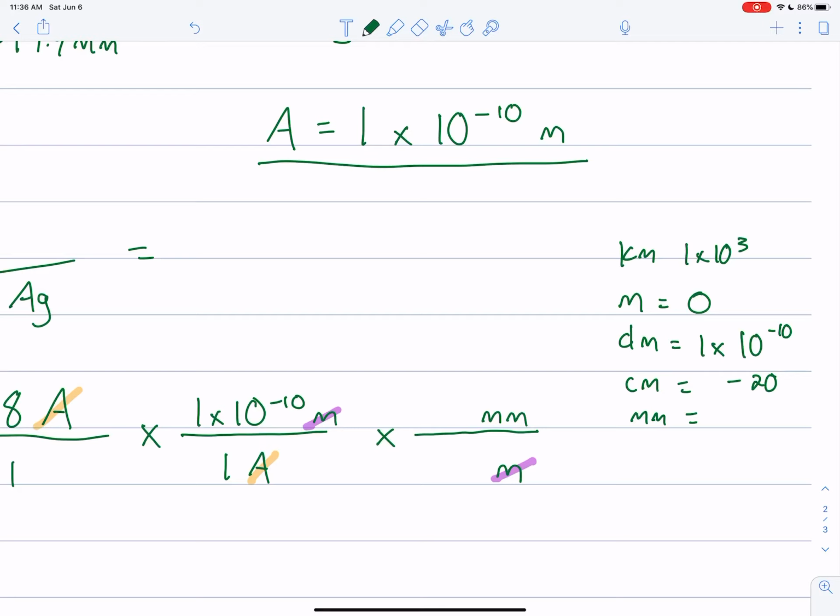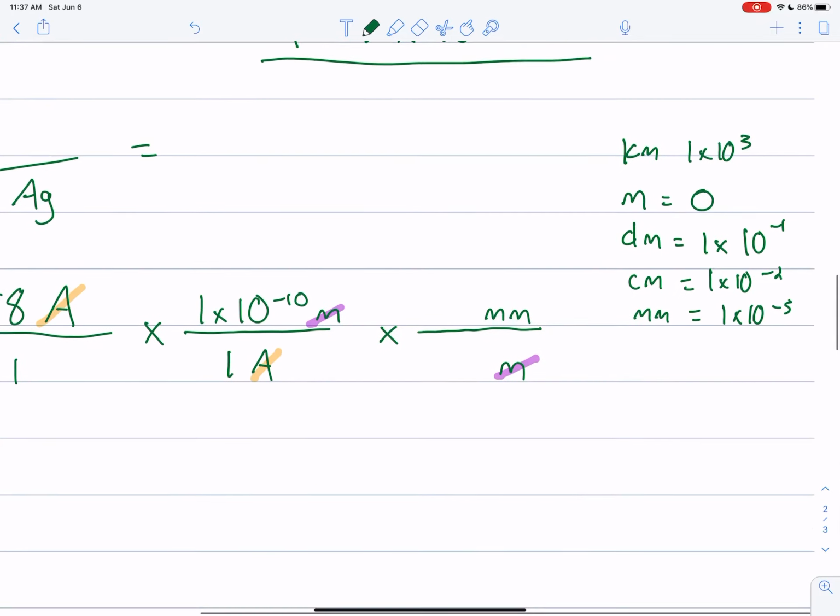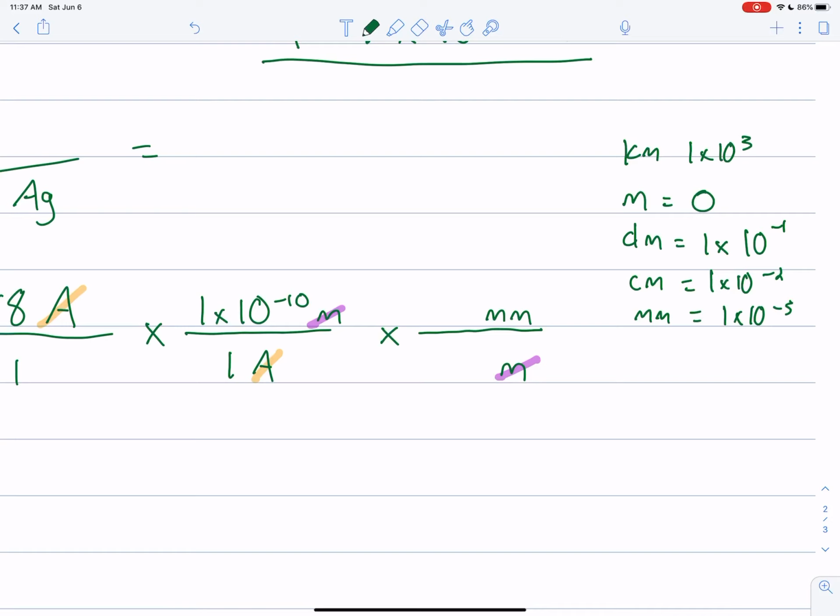It's 1 times 10 to the negative 1, negative 2, 1 times 10 to the negative 3. So since it's to the negative 3, that's 1,000, right?